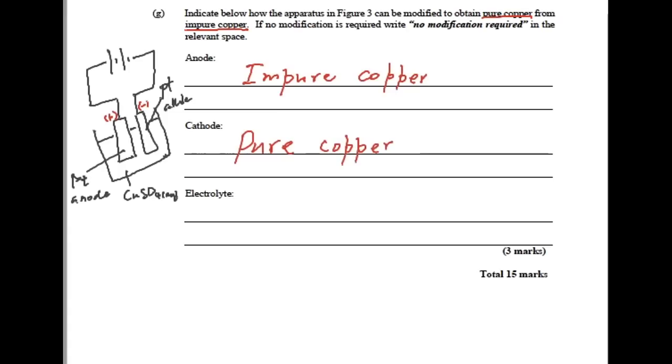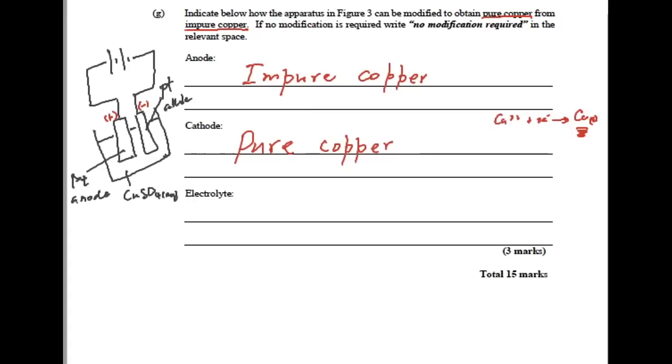So when reduction occurs, like we looked at in the previous question, the Cu2+ ions would be gaining electrons to give Cu solid. The solid will be deposited on the cathode. You want the copper that is being formed here to be collected on pure copper.